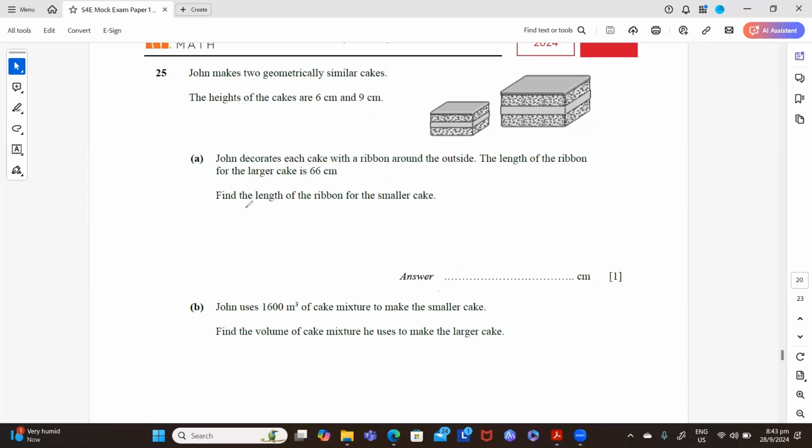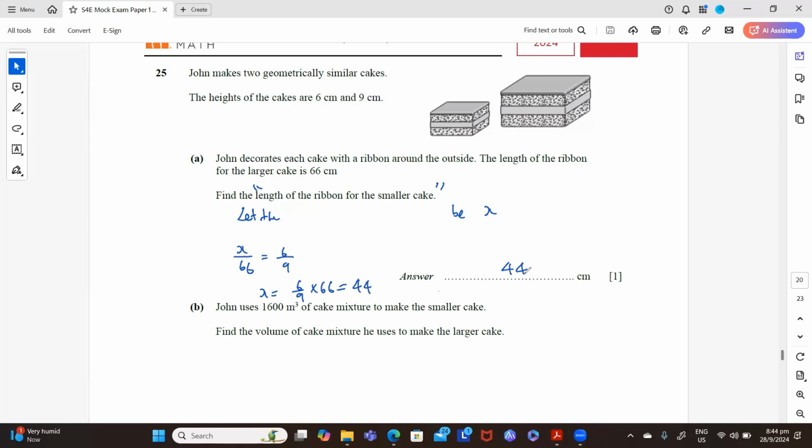Let the length of the ribbon for the smaller cake be x. Write this down: x over 66 cm equals 6 cm over 9 cm. Therefore, x is simply 6 over 9 times 66. You will get 44 cm straight away.